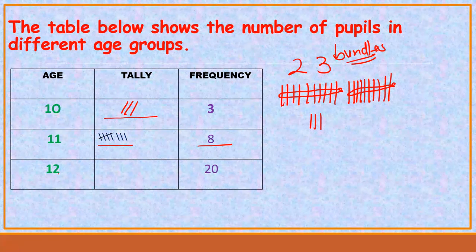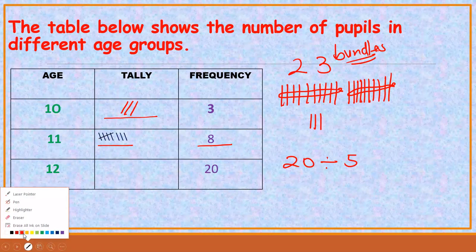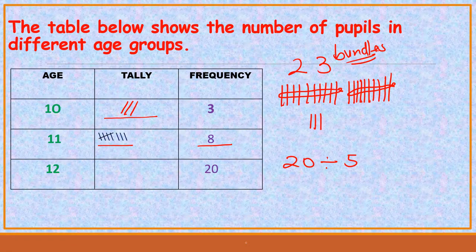The age group of 12. They have given the number here, but they have not actually given us the tallies. In other words, if I have 20, how many groups of 5? Because in tallies, we talk about counting in 5s. So if the number given is 20, I'm making tallies because we are missing them here.